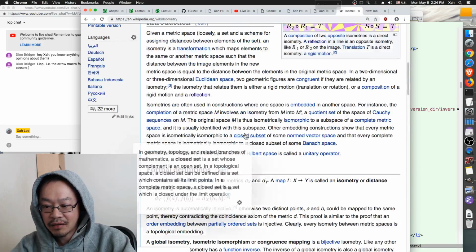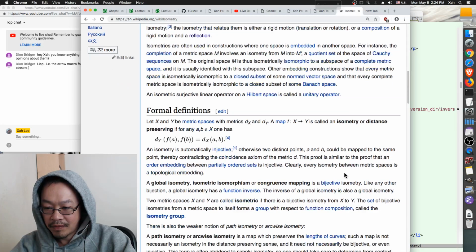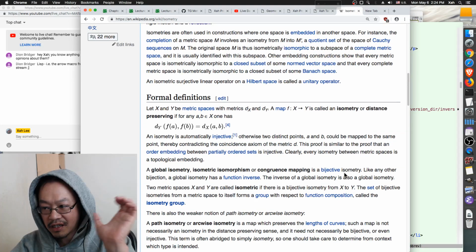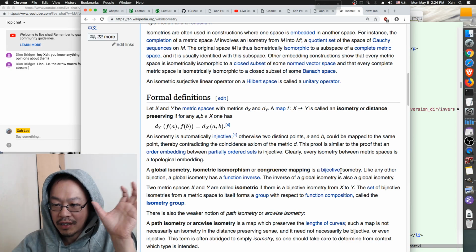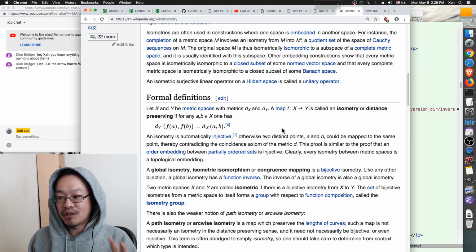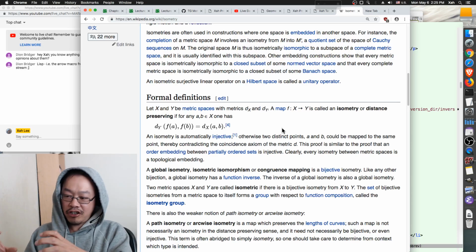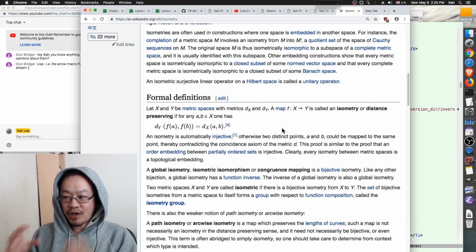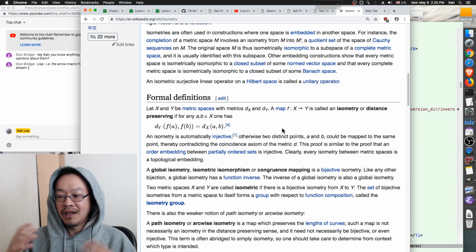Actually, the formal definition: a distance preserving map is called isometry. By the way, the words map and transformation have the same meaning. A function, map, or transformation in math pretty much have the same meaning.